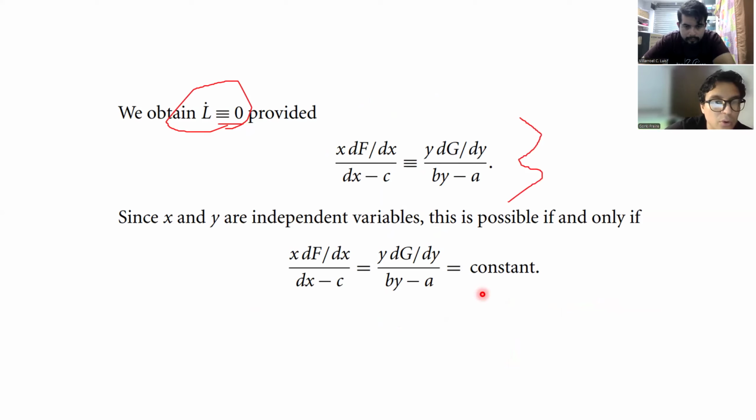This expression is going to be possible only when L prime equals 0. That means the expression is only possible when this right here is a constant.